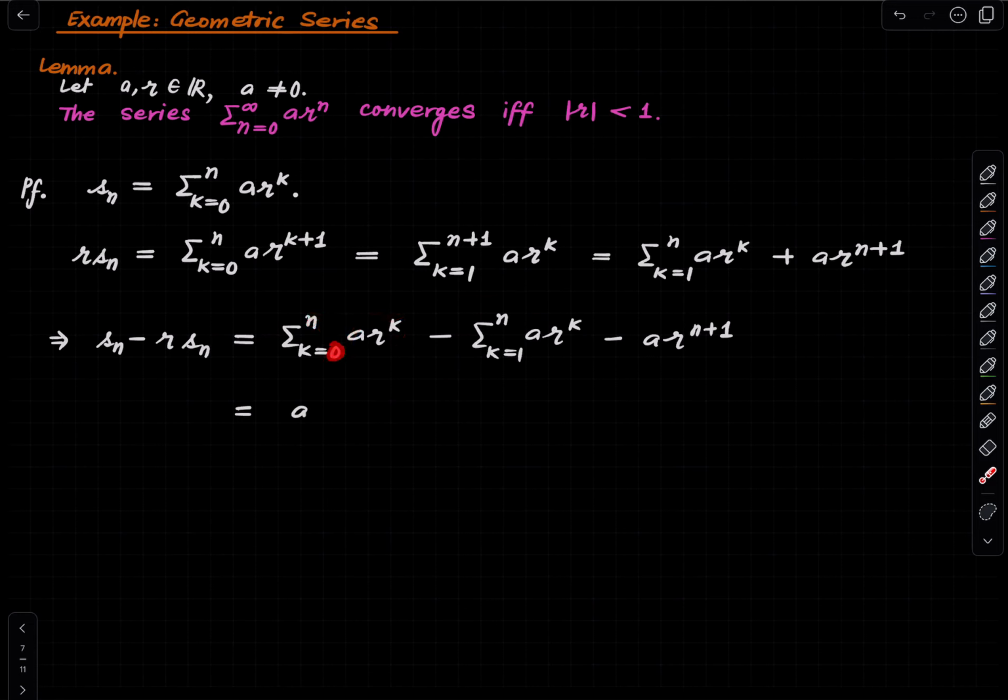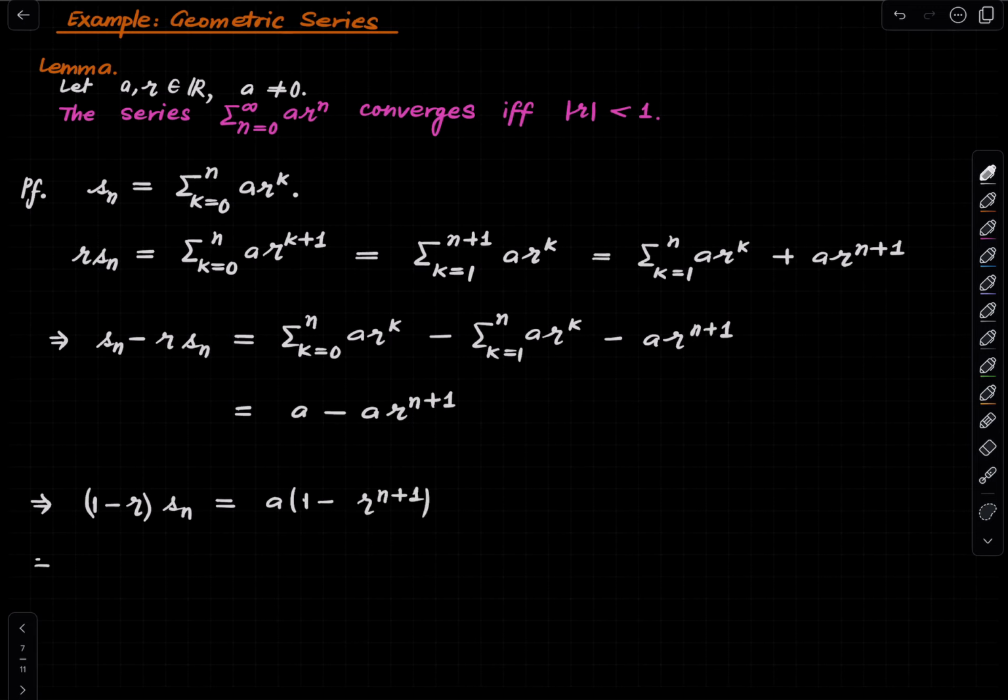So only for k equal to 0 does this thing survive. And what is that? That is equal to a minus ar to the n plus 1. So this shows that (1 minus r) times s_n is a times (1 minus r to the n plus 1).